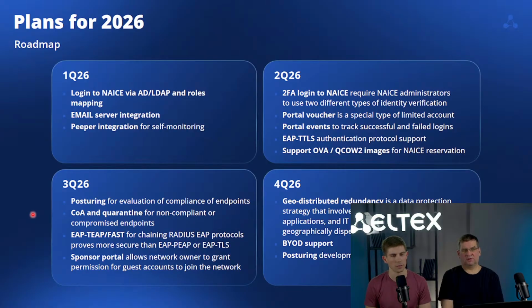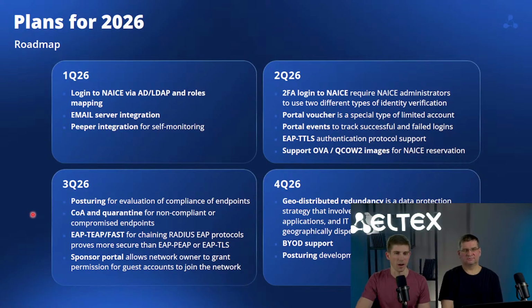The next goal is supporting the EAP TTLS authentication protocol, and also we are planning to support OVA and QCOW2 images for deploying NAICE in a reservation scheme. Nowadays it is allowed to deploy NAICE in a reservation scheme only by using playbooks which you must run with the Ansible tool.